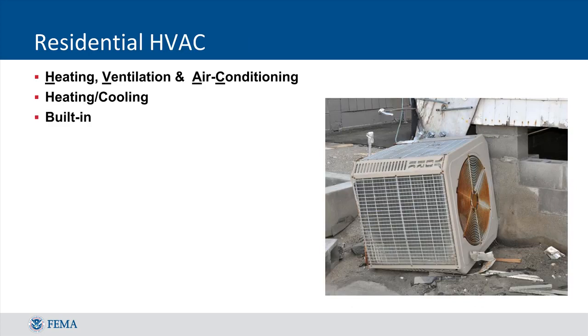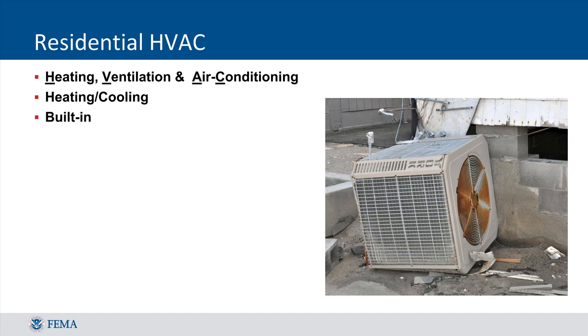Another structural attribute that can be selected within SDE concerns whether the structure has a heating, ventilation, and air conditioning system, or HVAC. Although this is a simple yes or no selection, there are a few important points to remember. An HVAC system in SDE is considered a built-in central heating and cooling system.